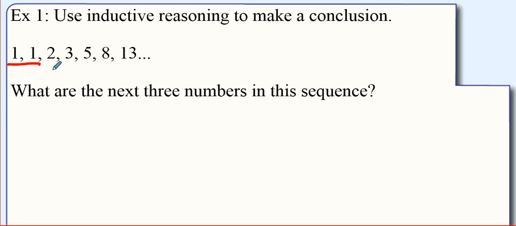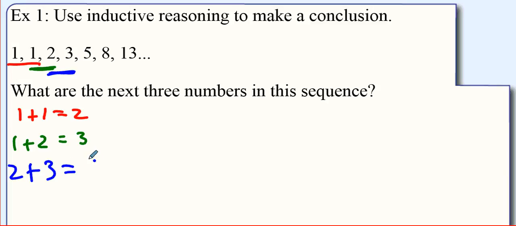If you add 1 plus 1, you get 2. If you add the next two numbers, 1 plus 2, you get 3. And if you add 2 plus 3, you get 5, which is the next number. 3 plus 5 is 8. That's where the 8 comes from.